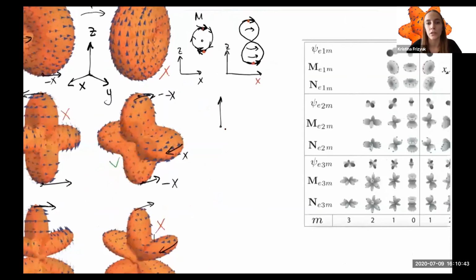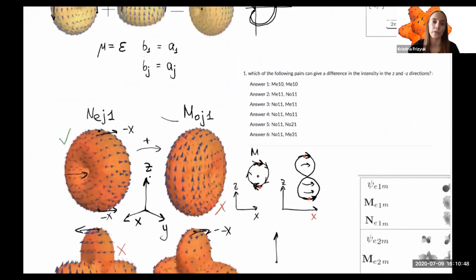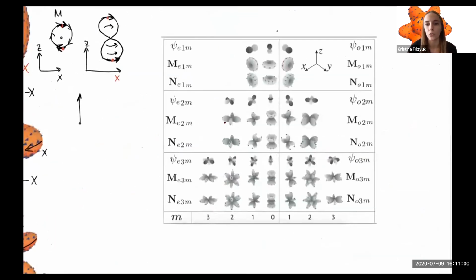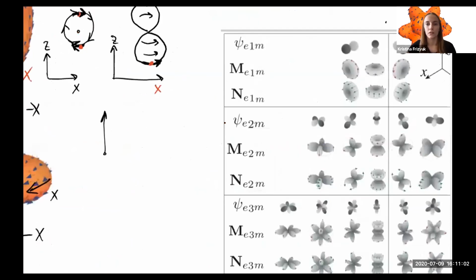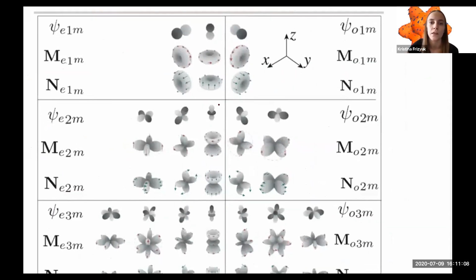But these are only m equal 1. And we need to find what happens if m is not equal to 1, because we need to consider the more general case.